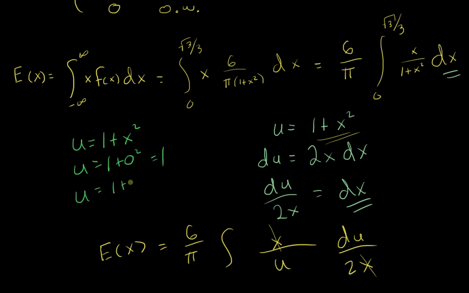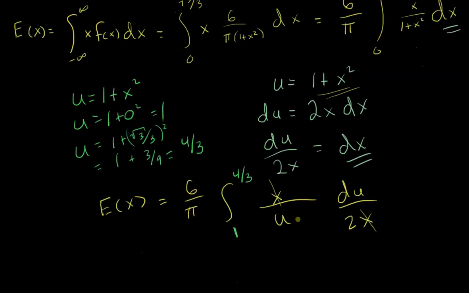And when x is square root of 3 over 3, squared, that would be 3 over 9. Remember, you bring the square into both the numerator and denominator. 3 over 9 is 1/3. 1 plus 1/3 is 4/3. Okay, so my new bounds are 1 to 4/3.